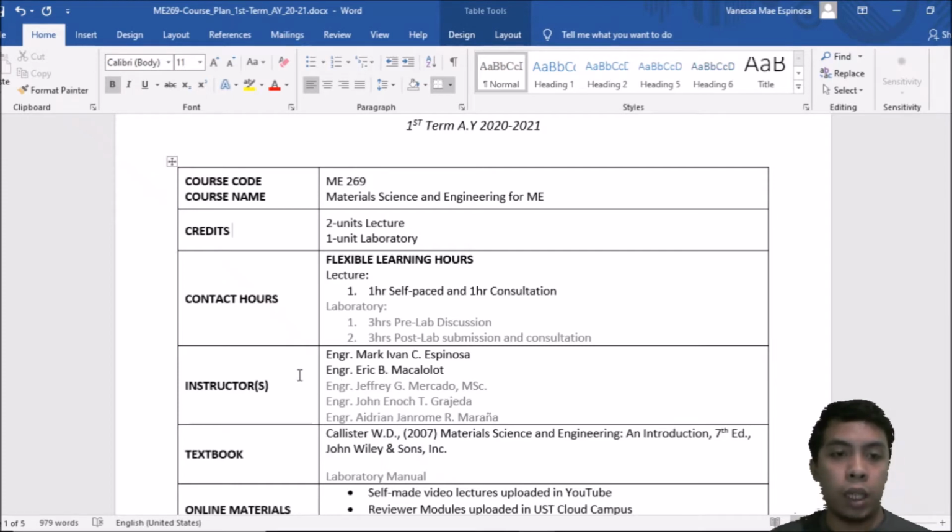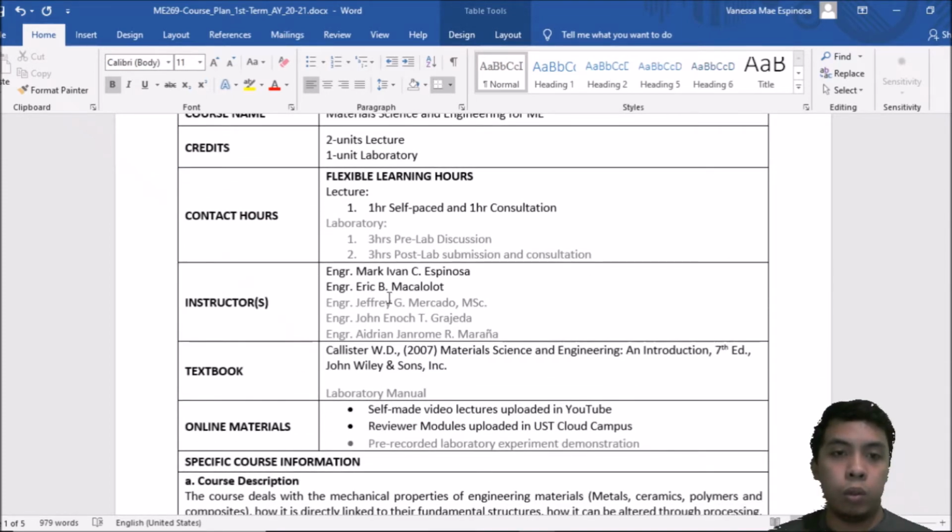As for the instructors, I, Engineer Mark Ivan Espinosa, and Engineer Eric B. Macalolot will handle the lecture part of ME269. For the laboratory part, we have three instructors in charge: Engineer Mercado, Engineer Grajeda, and Engineer Maranya.